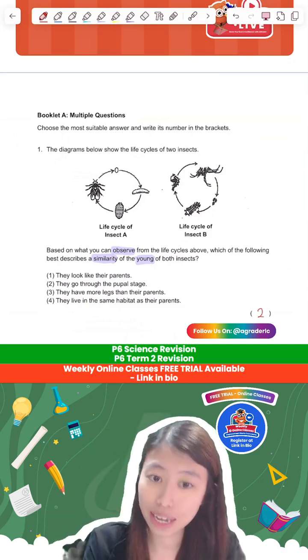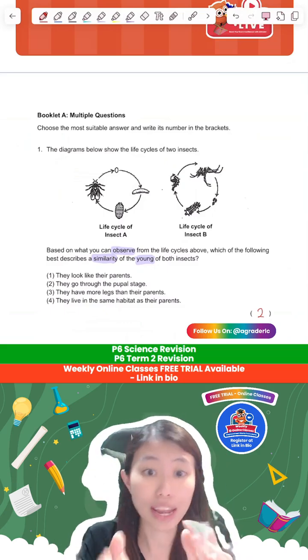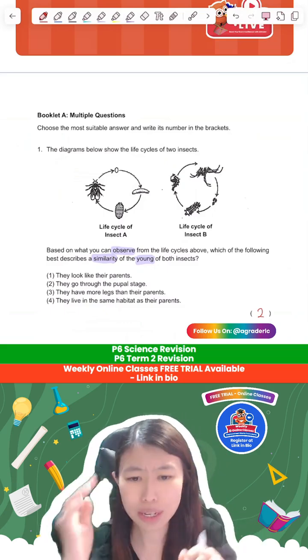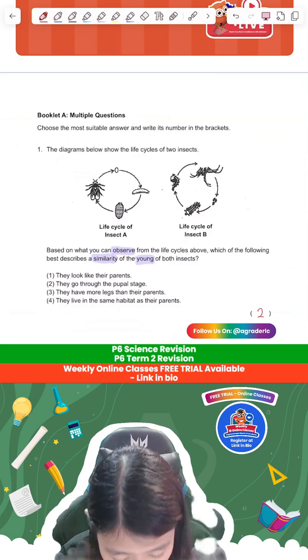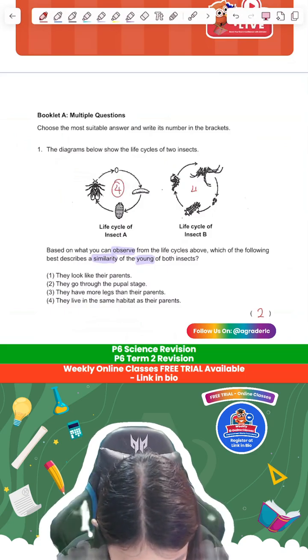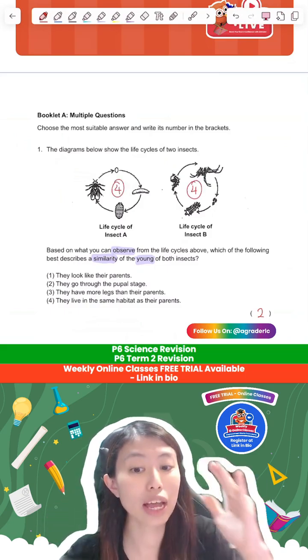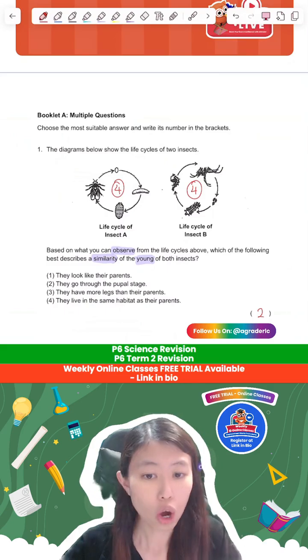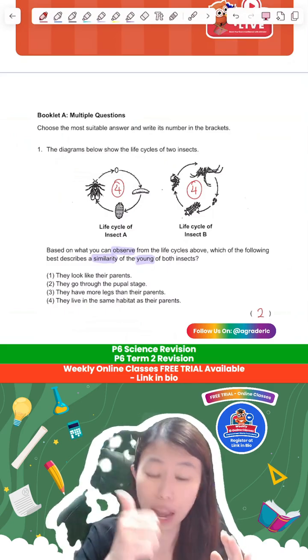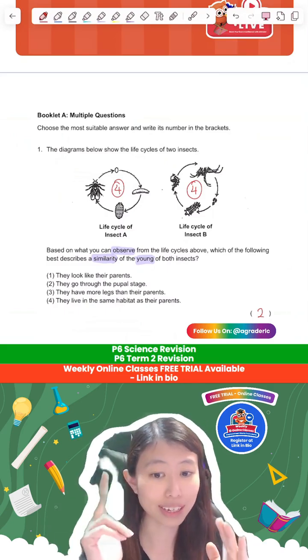Since they are focusing on the young, the first thing to note is how many stages the insect has. Both of them have a 4-stage life cycle, and insects with a 4-stage life cycle always have egg, larva, pupa, and adult.